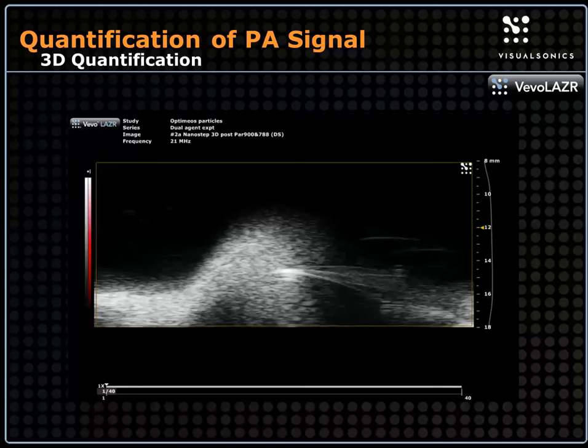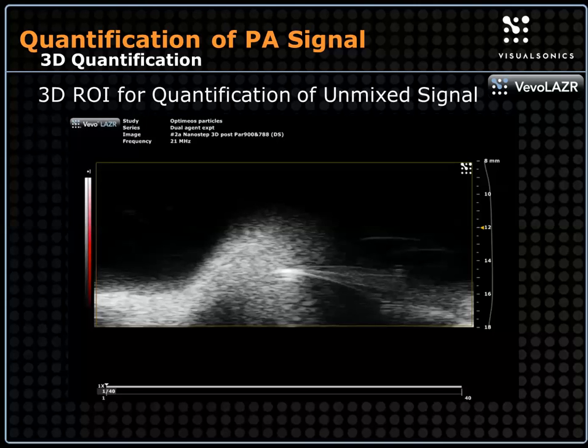Now we want to be able to quantify this in 3D. So we can quantify it during the bolus in 2D, that's fine, but we want to quantify this in 3D. So I did 3D acquisitions of all these different pre-scan and post-scan, and this is what it ends up looking like.